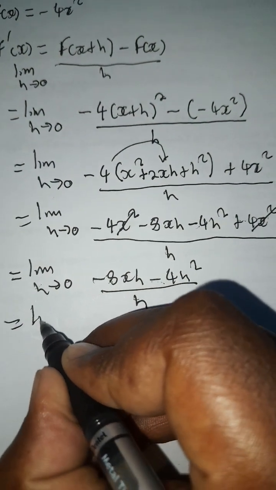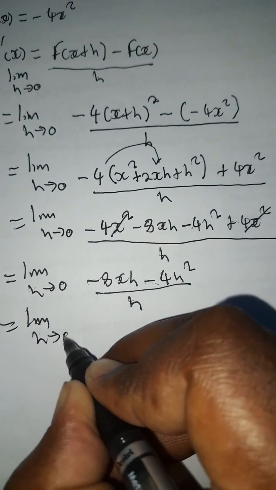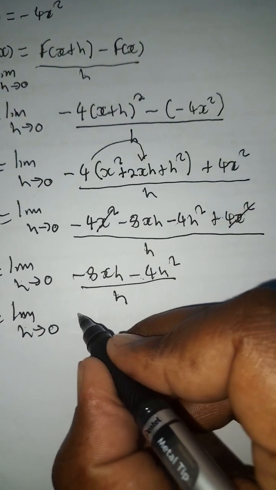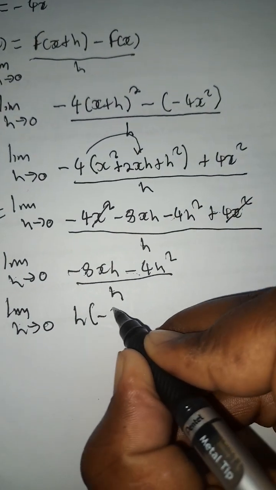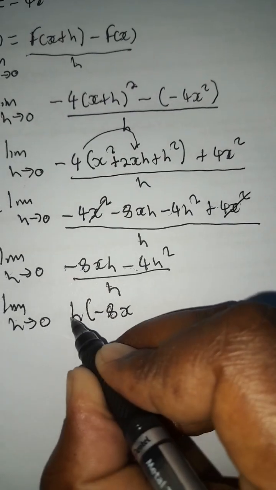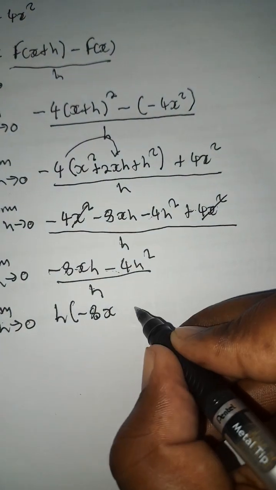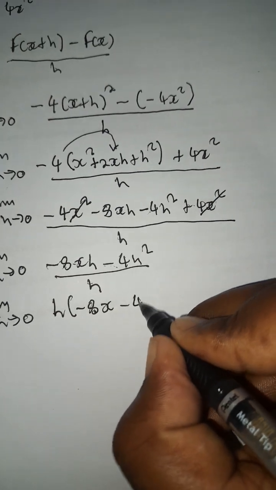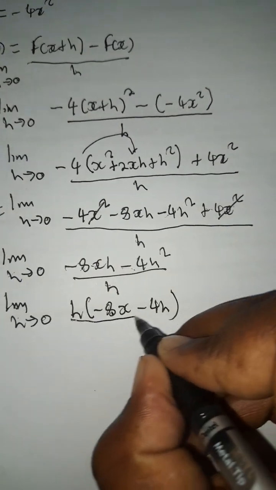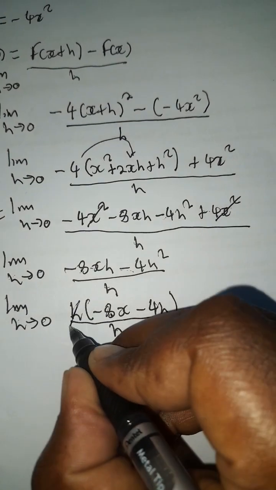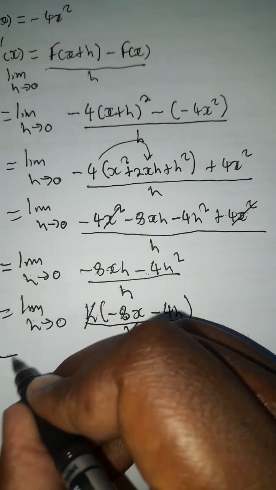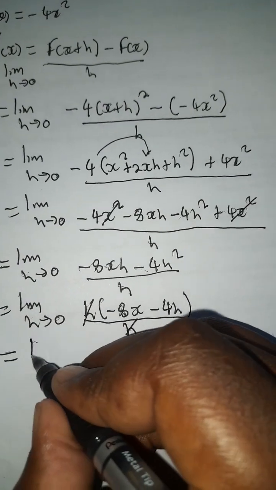So from here, you need to take out the highest common factor. The highest common factor is h, then I'm left with negative 8x, because if I multiply by h, it gives me this again. For me to get to negative 4h squared, I need negative 4h divided by h. This cancels. Common h will cancel.